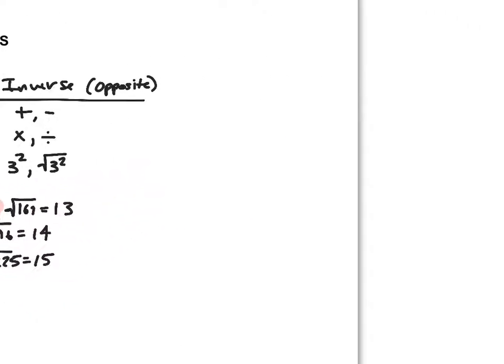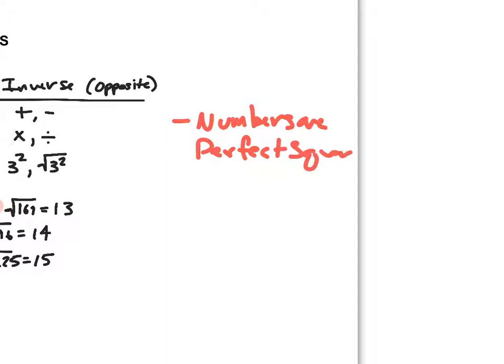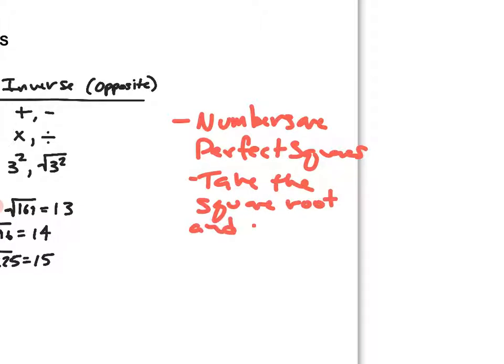All those numbers in red are perfect squares, meaning that I can take the square root and get a whole number.